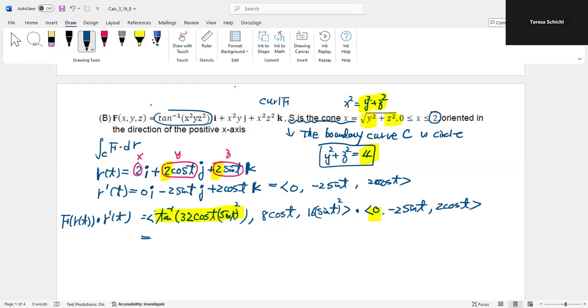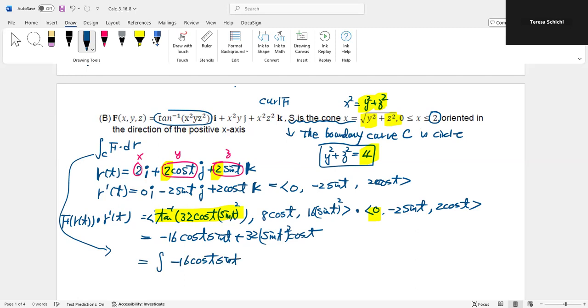So this will be negative 16 cosine t sine t, plus 32 sine squared t cosine t.